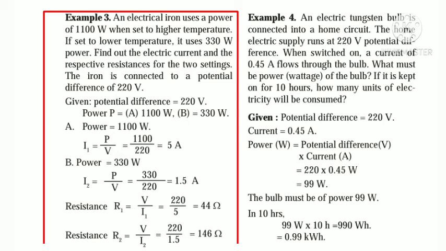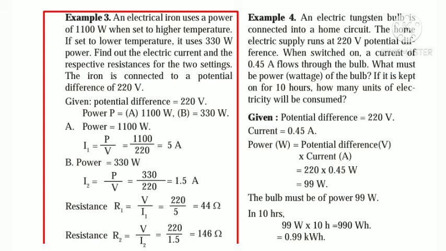Listen carefully, students. Here given PD is equal to 220 volt and power P is equal to, in bracket A, 1100 watt, and for B power is equal to 330 watt.